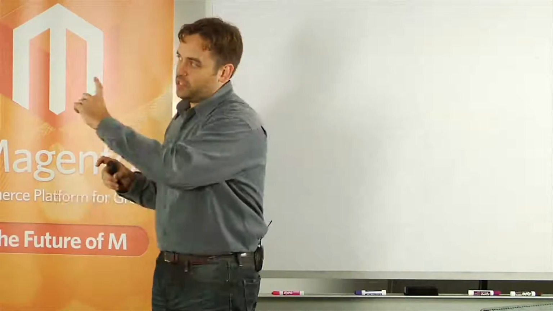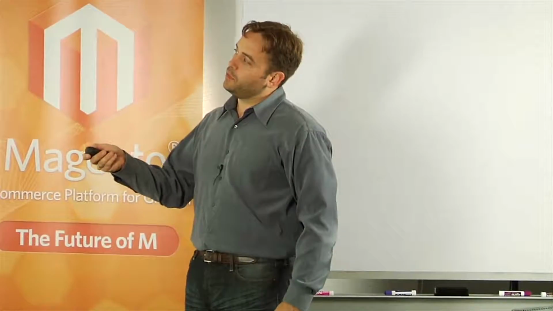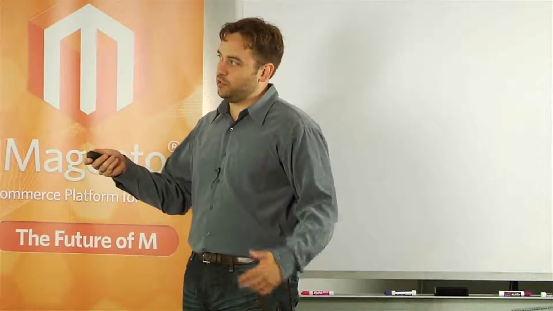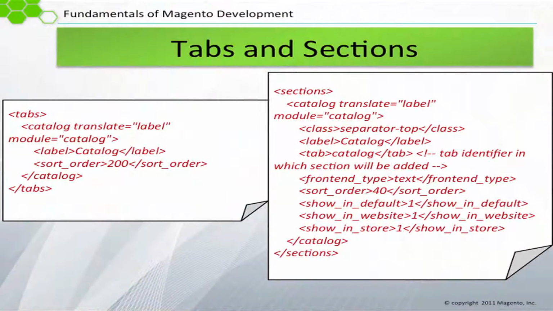And then adjacent to that, we could have a section. So sections, catalog, section. So this would be the catalog section. And we can specify a CSS class and a label to be displayed. And then here is where we associate this section with this tab, so that would make this display under that catalog tab.